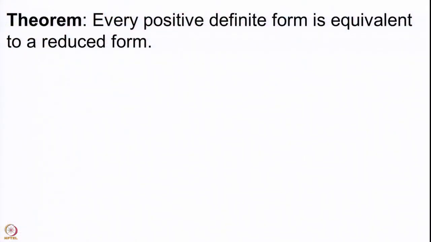Now we come to the theorem which we proved in the last lecture, that every positive definite form is equivalent to a reduced form. So, you start with any positive definite form, whatever coefficients it may have, you can always change it by using the allowed transformations, so that in the end you get a reduced form.